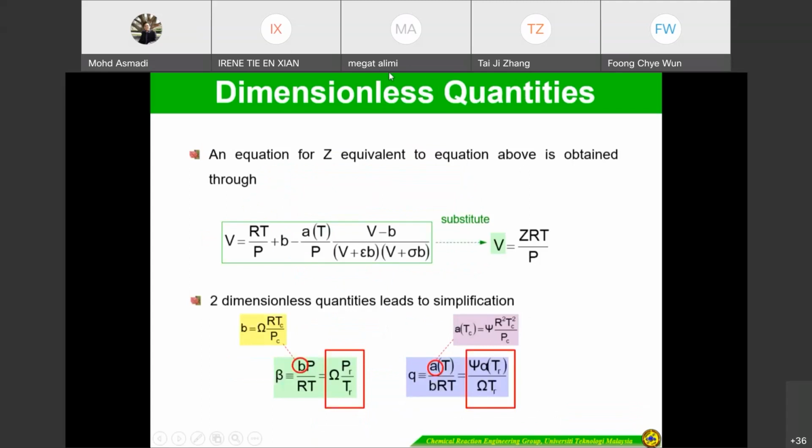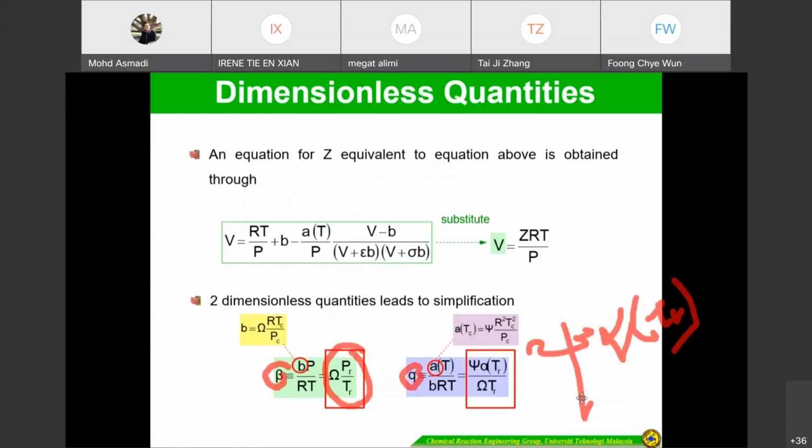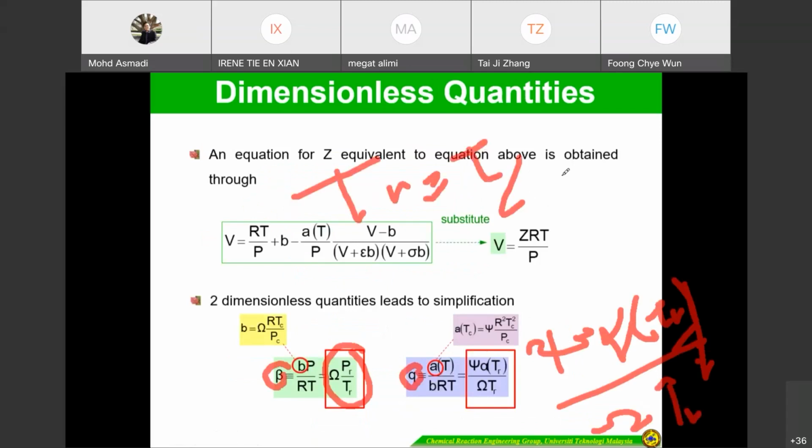Ini boleh dapat dalam buku lah. Beta is equal to Ω Pr divided by Tr lah, and q is equal to this one, alpha Tr divided by this one. Okay, so to calculate Tr, it should be equal to T divided by Tc lah.